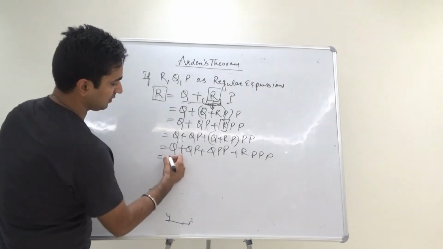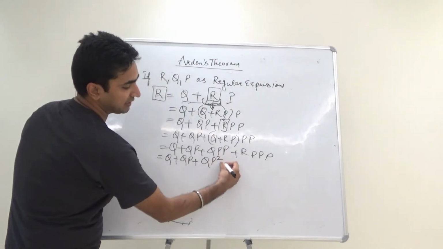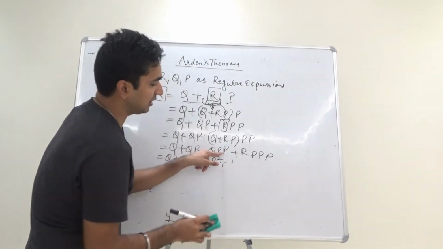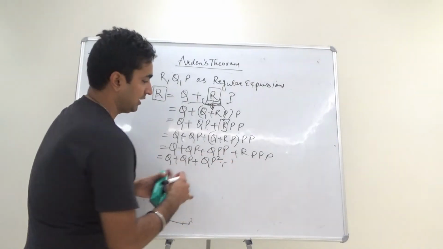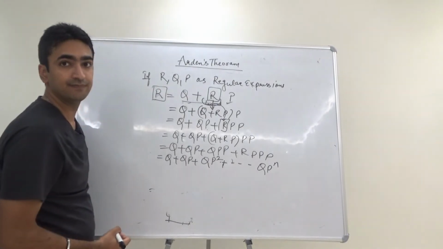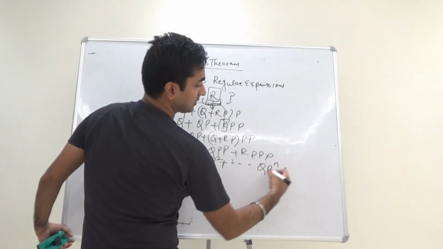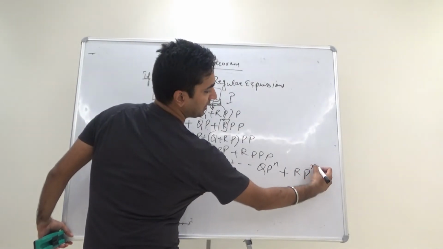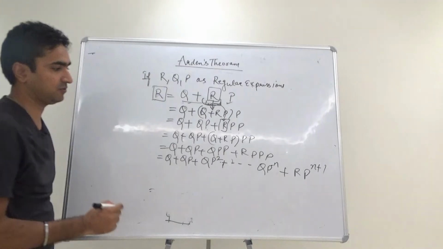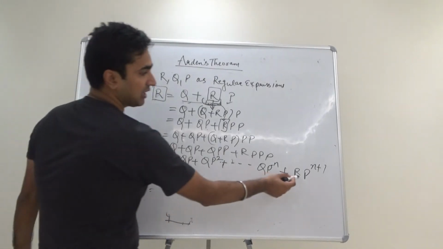If I am running this Q plus QP square plus, if these are two P's, there are three P's. If this runs till QPn, this will run till RPn plus 1, because this is Pn, this is n plus 1, right?